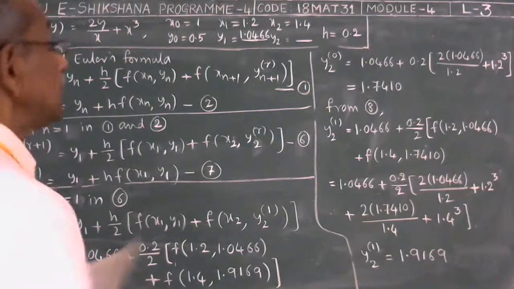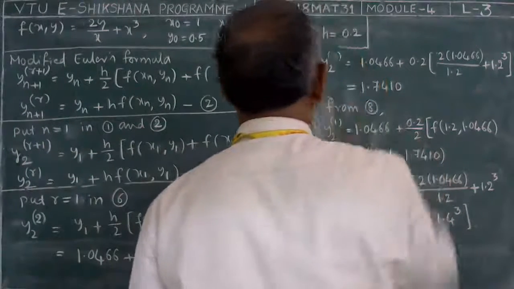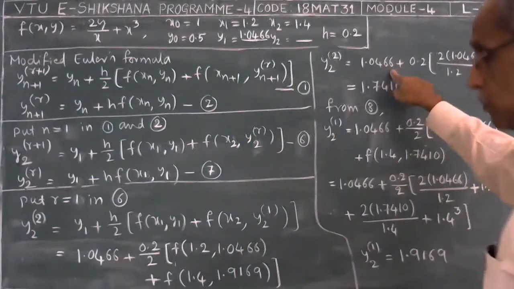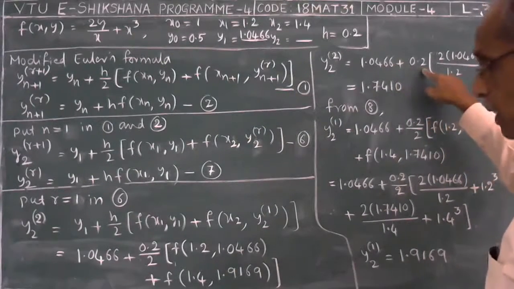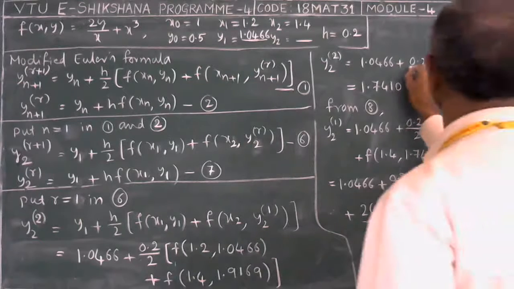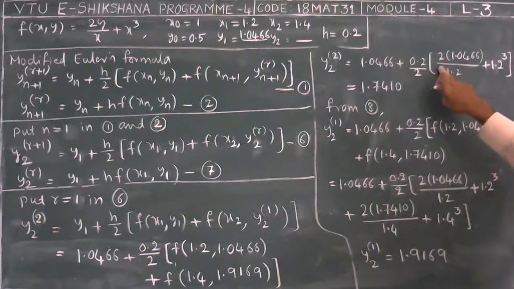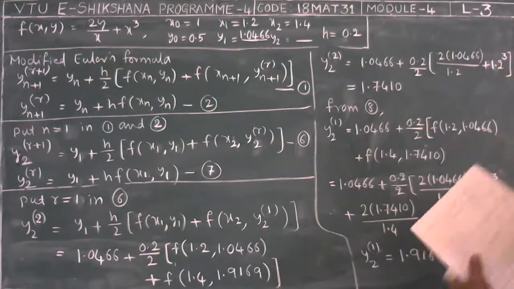Now let me apply the definition. y2 (2) is 1.0466 plus 0.2 divided by 2 into 2 into 1.0466 by 1.2 plus 1.2 whole cube.